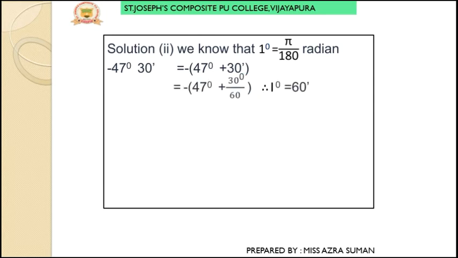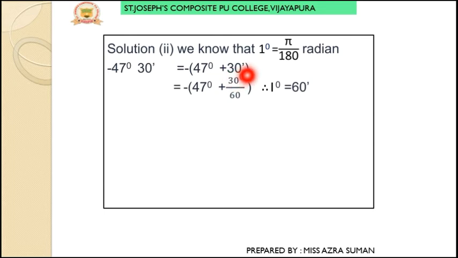Here we have to convert this 30 minutes to degree. Then only it is possible for us to convert this full into radian. So we know that 1 degree is equal to 60 minutes. Then 1 minute is equal to 1 by 60 degree.